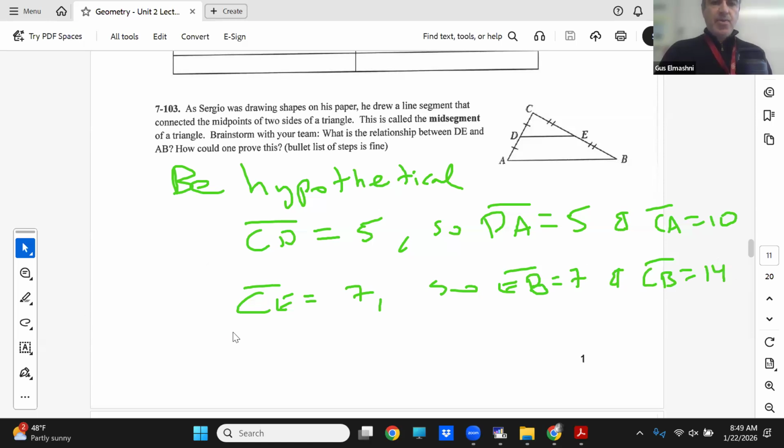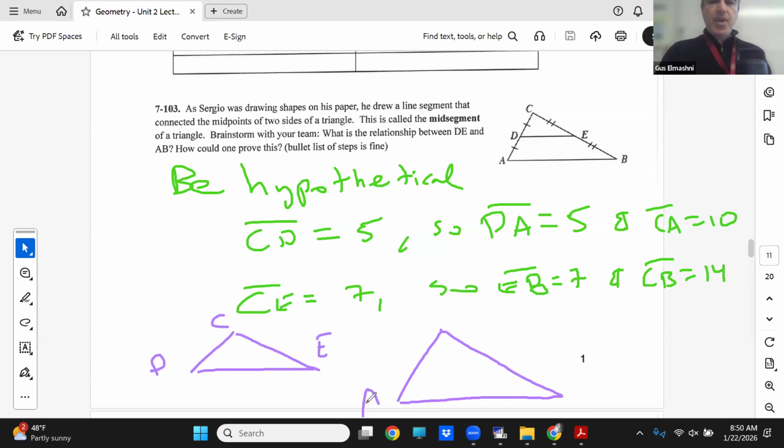Okay. So if I draw these two triangles, so this we'll call DCE. This is usually a good strategy to help you understand why things are true: come up with numbers, be hypothetical.